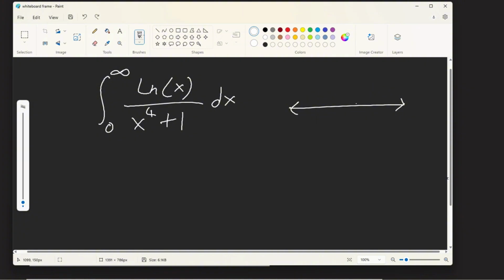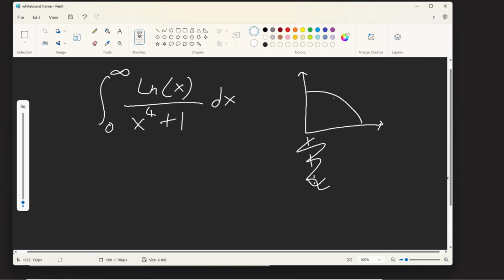This is from 0 to infinity, so it would be more like this graph. And you don't utilize this because this is ln of x, so you have to be extremely careful because you can't have negative numbers inside of a logarithm, not even complex ones. So you have to be very careful with your contour.